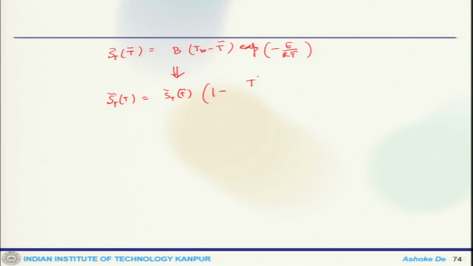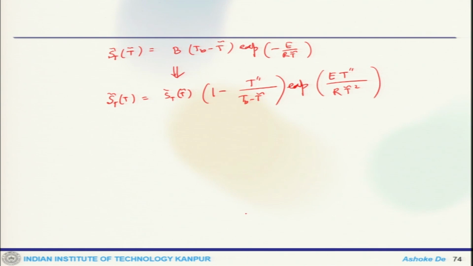Now because of the Favre mean, this is equivalent to B (Tb minus T tilde), exponential minus E by R T tilde, which one can write with the factor 1 minus T prime over (Tb minus T), and E by R T prime square.